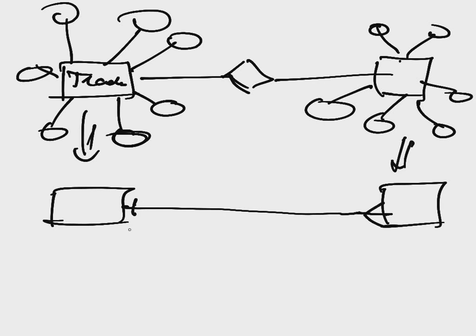So one means one element from this entity may be associated with many elements from this entity. You may write it as a range: 0 to 1, 0 to many, or always 1 to 0 or many.